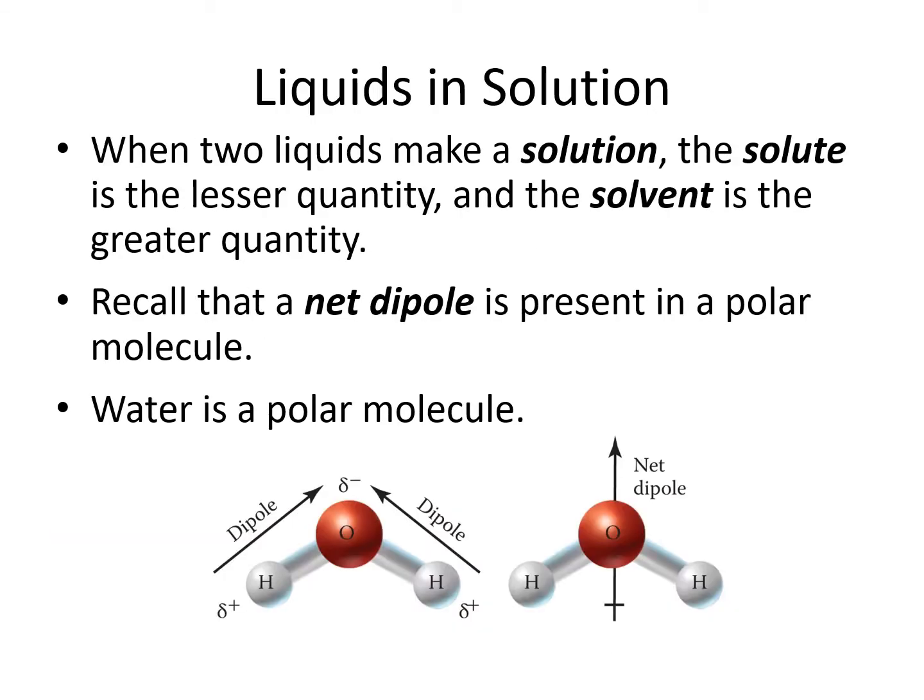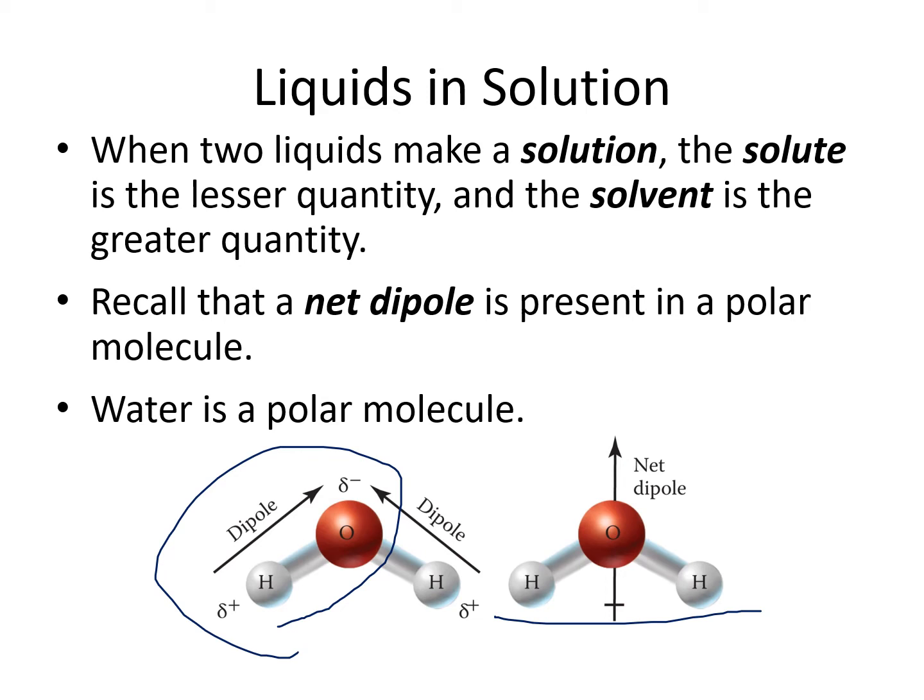So, liquids in solution. We talked a bit about dipoles and what polar means in the chapter 12 slides. And so if you recall, things are polar when they have polar covalent bonds and when they have asymmetry. We can see here that this water molecule, we remember from chapter 12, is the bent shape. It is asymmetrical. It has polar bonds, therefore this is a polar molecule.